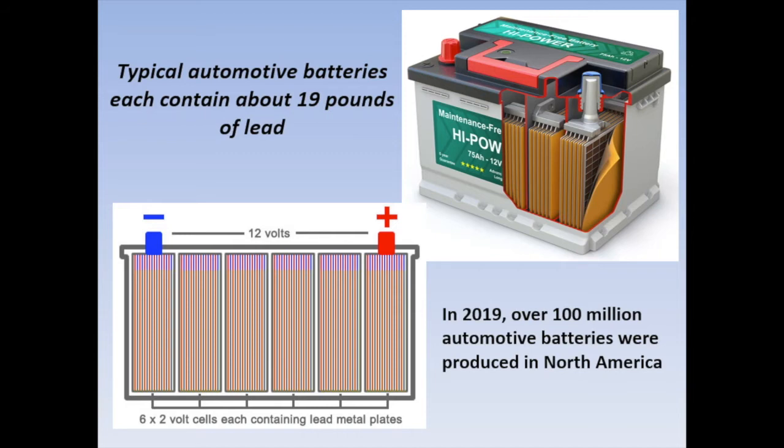Now, that same year, 2019, there were over 100 million automotive batteries manufactured in North America. So you can see that's going to require an enormous amount of lead. And automotive batteries make up over 90% of the lead that we mine each year.